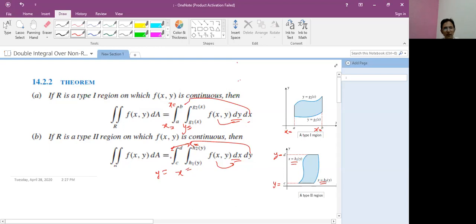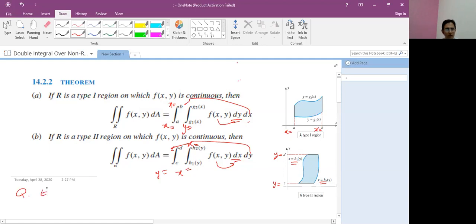So after understanding which one is called type 1 region and type 2 region, we will apply an application. We will write an application and identify which application is type 1 region and which is type 2 region.